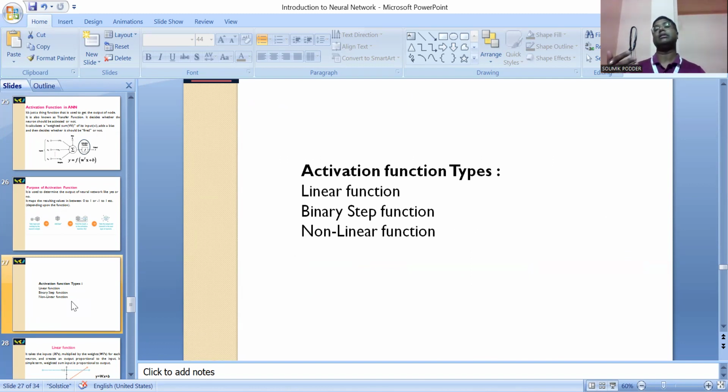If the inputs are increasing, then the output will also increase, and so on. But non-linear means some functions like ReLU, tanh, etc., where I cannot predict the exact value of the output.